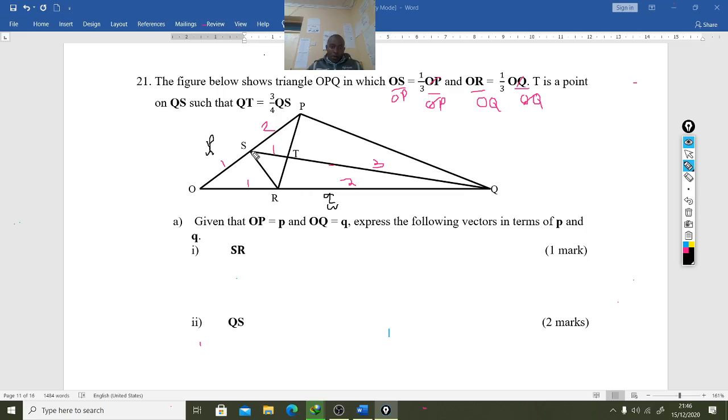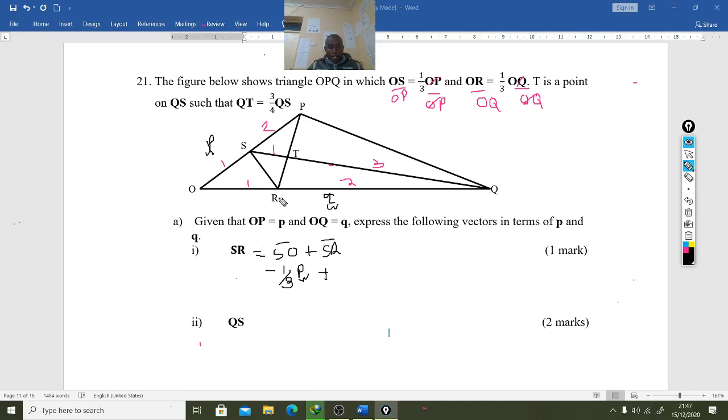So S to R, I can move SO plus OR. It is equal to SO vector plus OR vector. So SO is negative. Remember, we were given OP, so SO is negative a third of p vector.